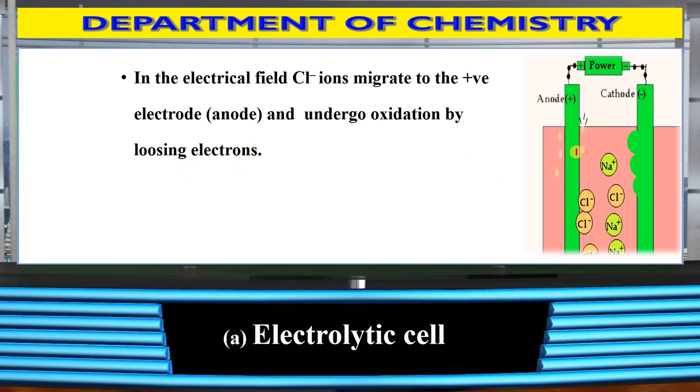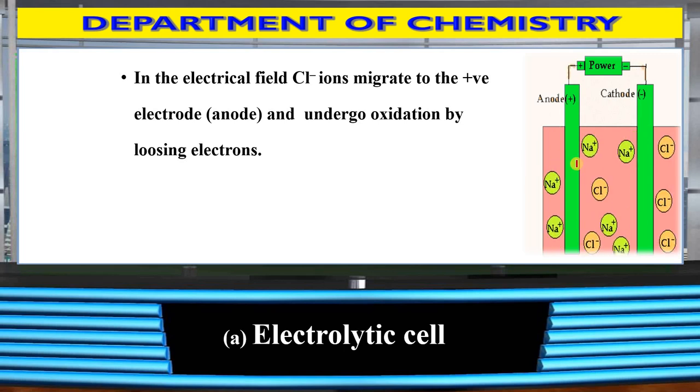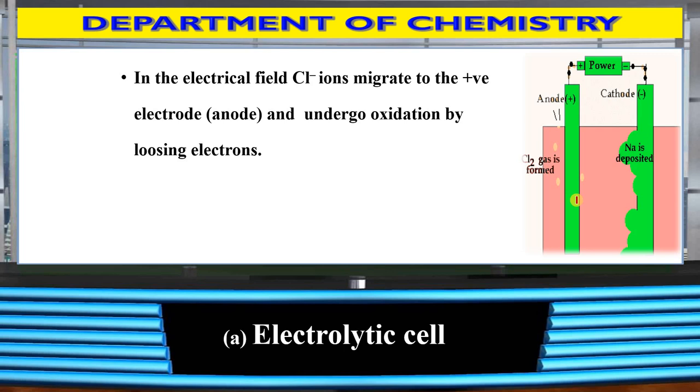It means on the surface of that metal or electrode, there are holes, right? And the Cl minus ion donates its electron to the metallic rod. As the metallic rod captures those electrons, it passes the electrons towards the cathode, right?